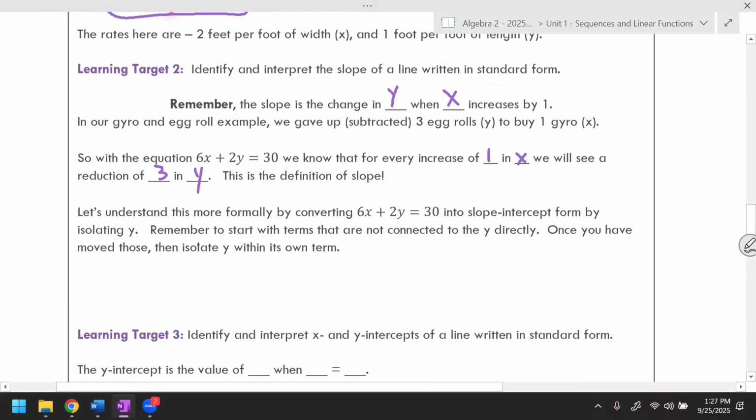We can also do this the nerd way and look at this equation here. This is the one we saw earlier, right? 6x plus 2y equals 30. I can convert that into slope-intercept form. I can just solve for y. How can I solve this equation for y? Oliver, do you see it? If I just want to isolate y here.